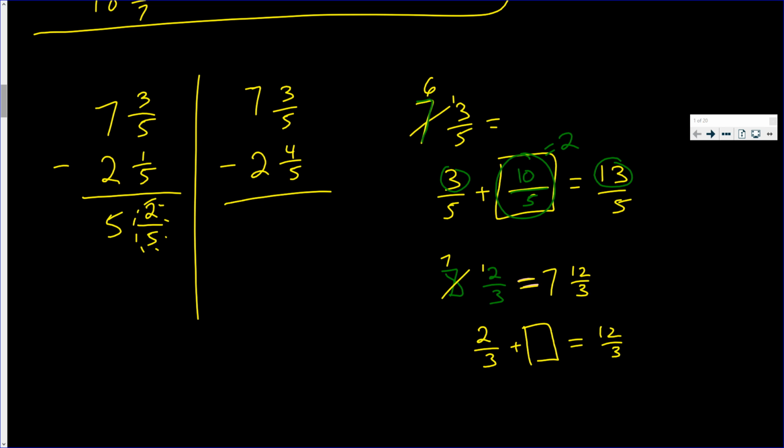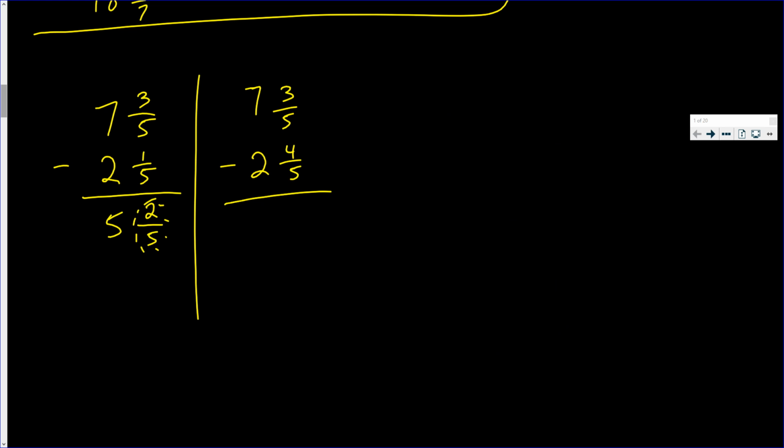The answer is 2 plus 10. You added 10/3, but this is not 1. You borrowed 1, but then you added 10/3. That just doesn't work. So you have to think about how it will work.